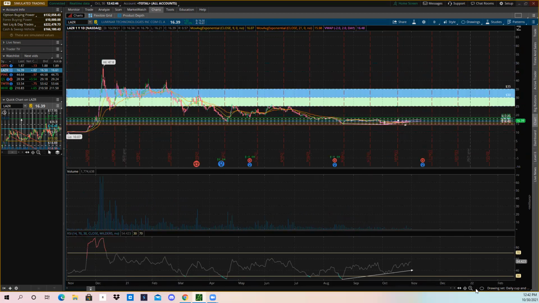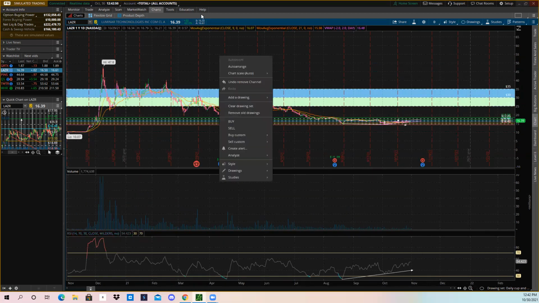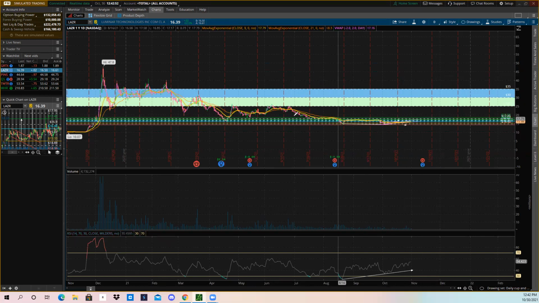However, I do have some very long positions. If we zoom out on the daily chart, we can see that it was very, very high, 47.8. Now we're down to 16. It was down to 14.51 over here. If you think that LAZR has a possibility of running up again from November to January, if you think it can have an amazing November to January run again, you can look at some spreads, and I have some ranges right here.